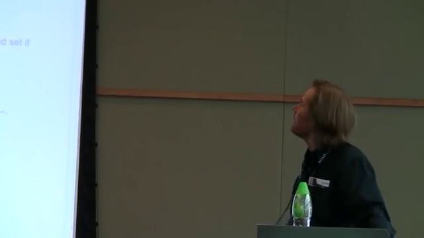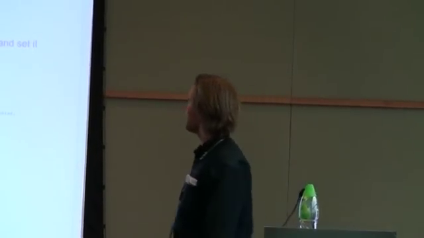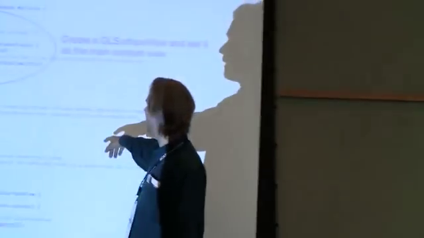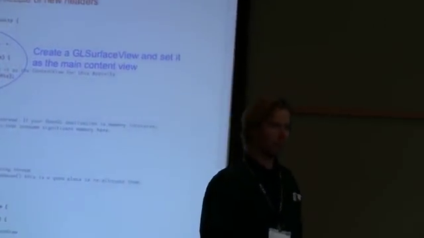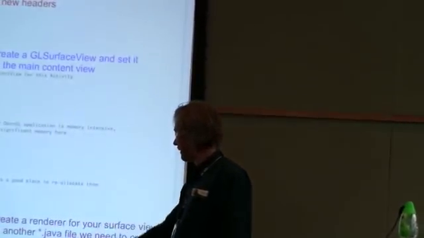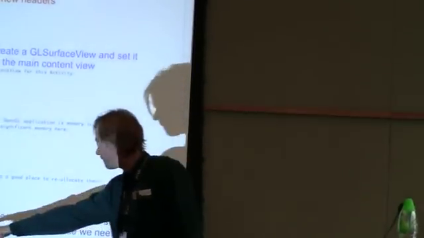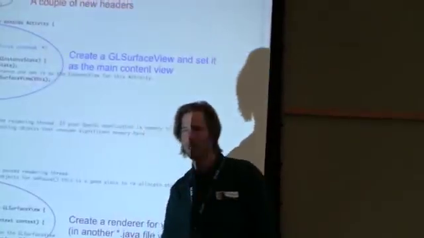The first thing we do is add a couple of new headers for OpenGL. Then we create this GL surface view, and we make that the main UI element. And because it's our class, we need to define it, which is here. We also define our renderer, and that's where all the action is.